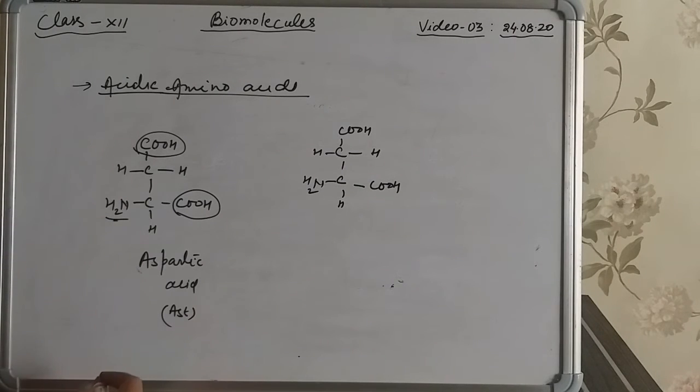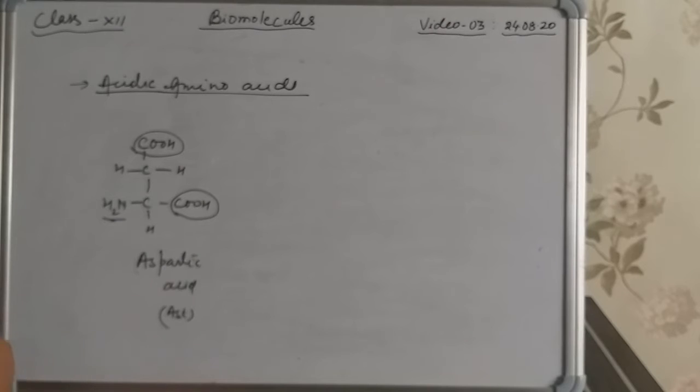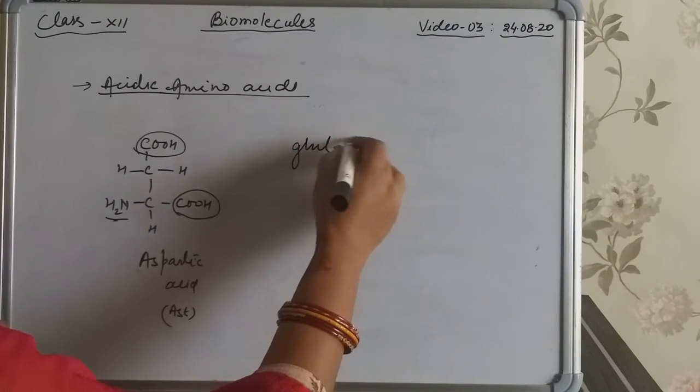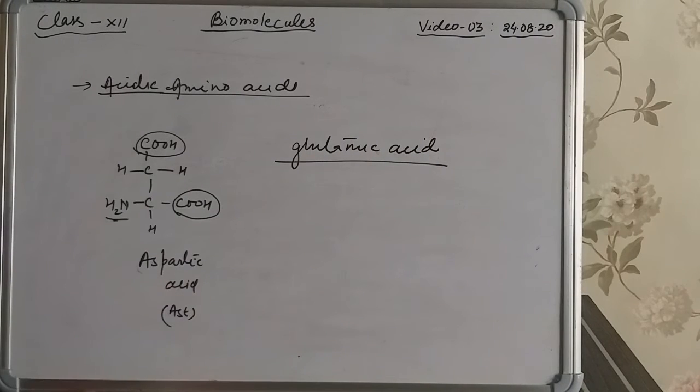It is the same kind of compound. Next we discuss glutamic acid. Suppose we write the structure of glutamic acid. See the structure of glutamic acid in the book and you can draw it. So it is also considered an acidic amino acid.